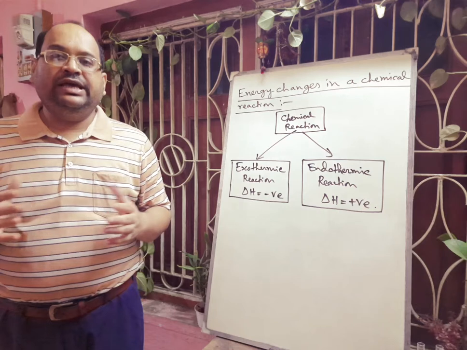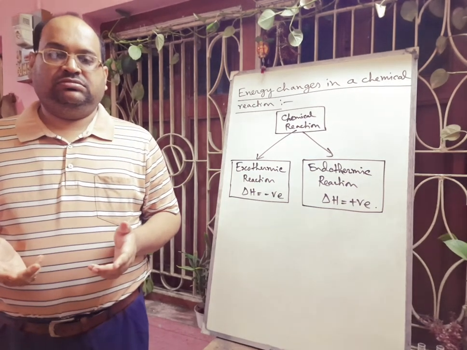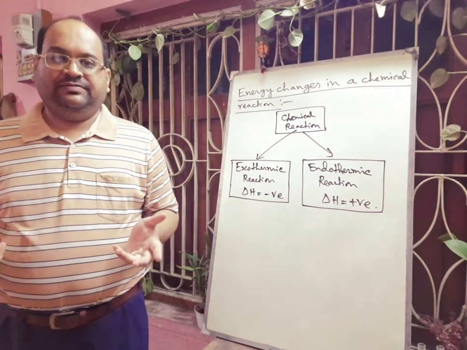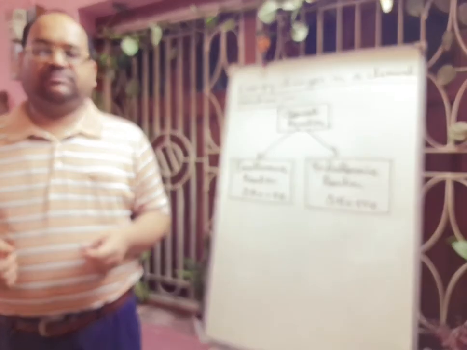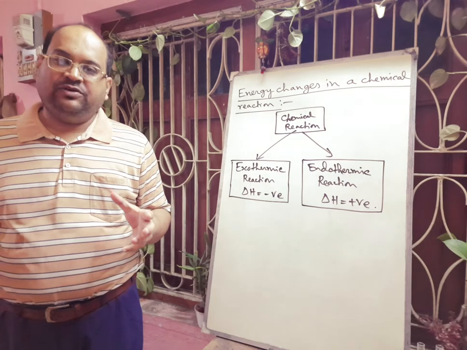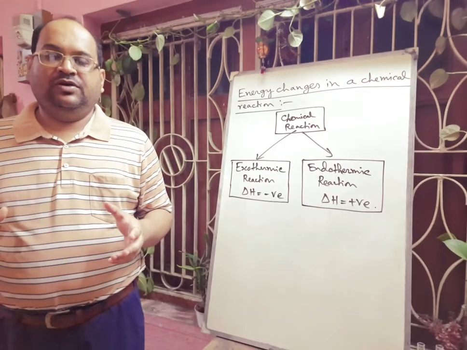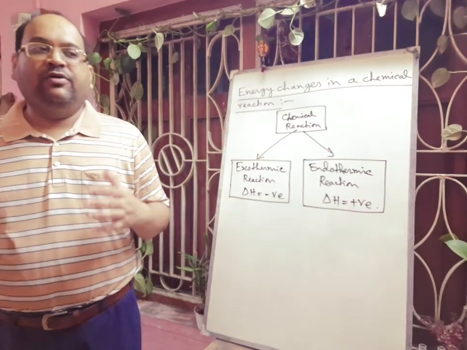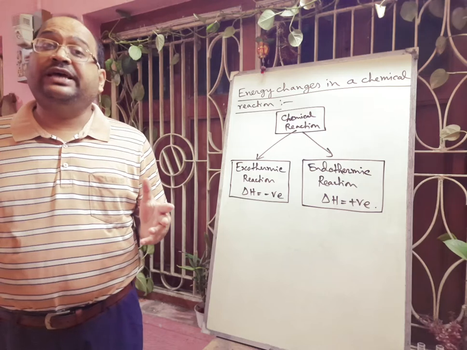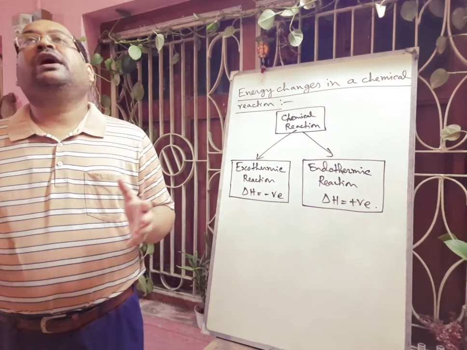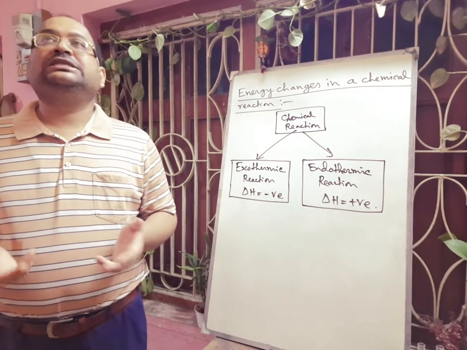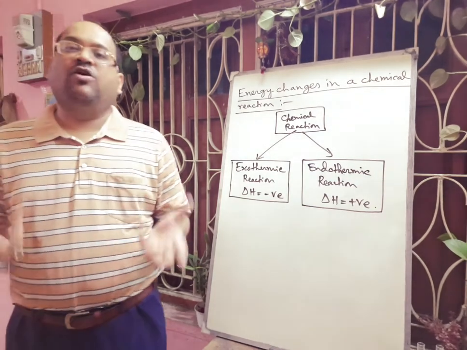Now, during a chemical reaction, what is happening? Old bonds are breaking and new bonds are forming. So you have to supply energy to break the old bonds, and energy is released during the formation of new bonds.